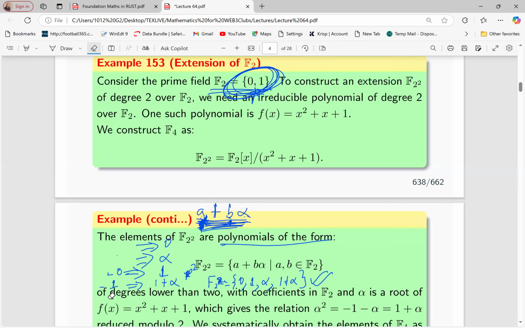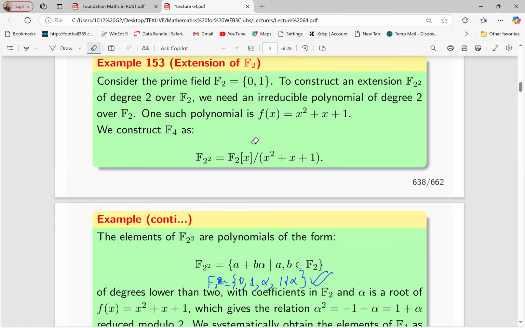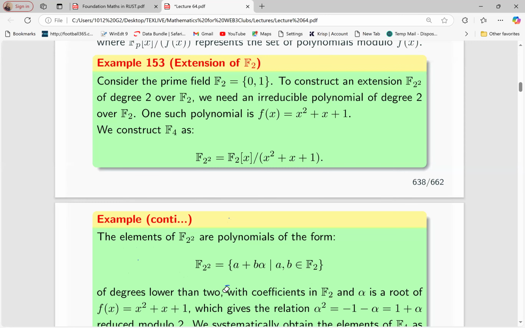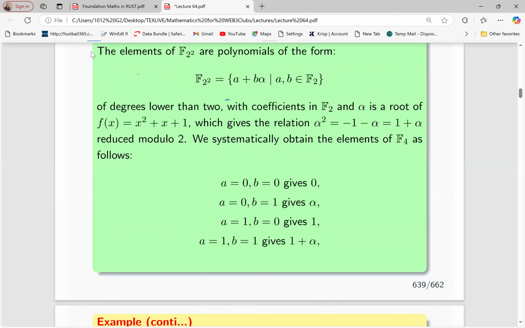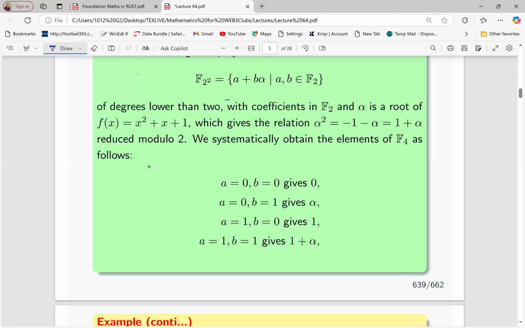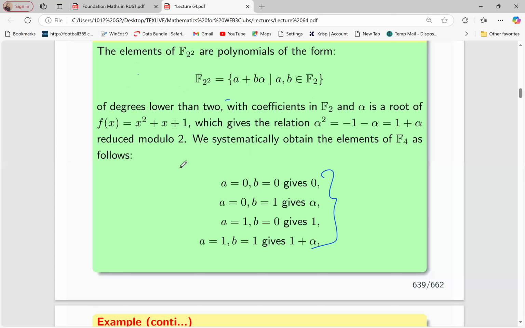Now, it's important to note that a field extension is also a field, which means it fulfills all the properties of a field. So you can add the elements and see closure, associativity, commutativity, and you can also multiply and see the same properties. I was just trying to come up with the elements of the field extension, and we've just done that.